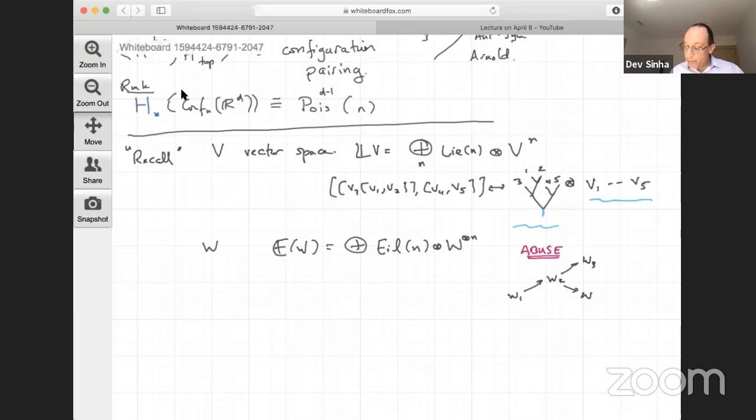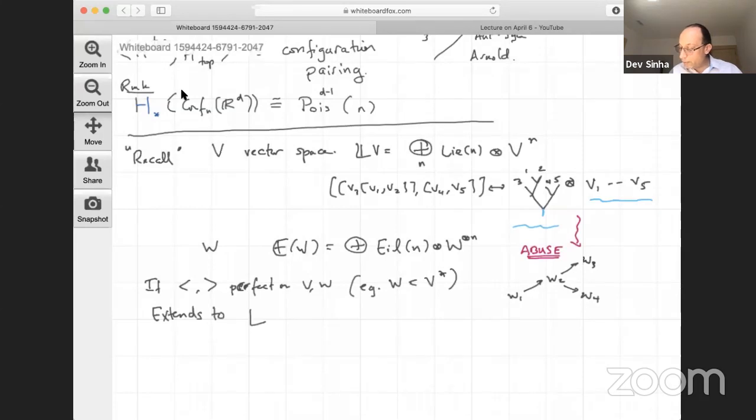And then the claim is that, well, it's pretty immediate, basic algebra, that if there's a pairing which is perfect on V and W, for example, if I'm just thinking about W, the linear dual of V, then this extends, under finiteness, to LV and EW.